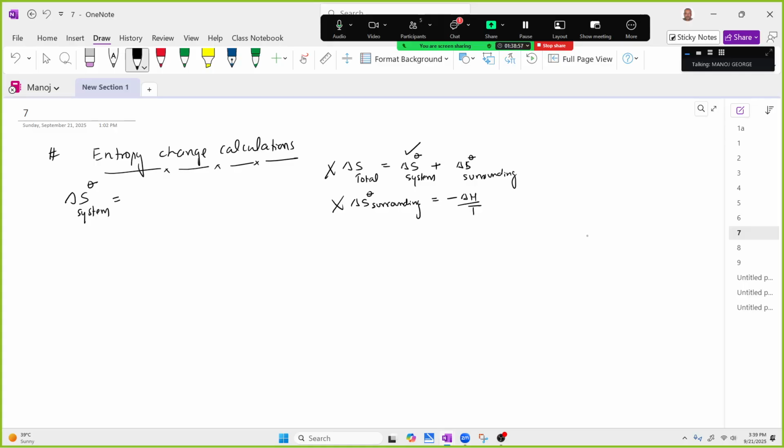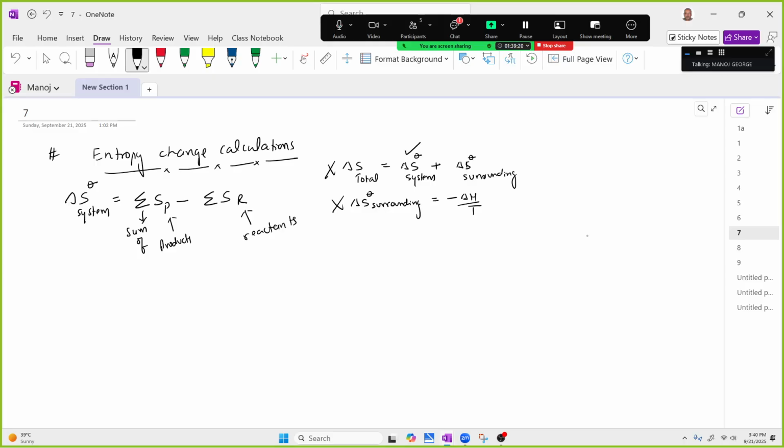So entropy of a system equals the sum of entropy of the products minus the sum of entropy of the reactants. This is products, this is reactants. That's it.